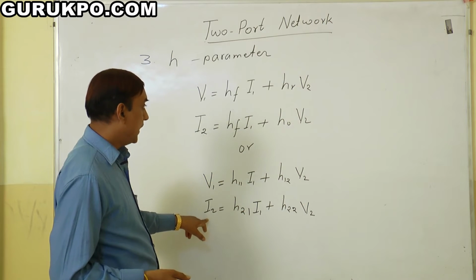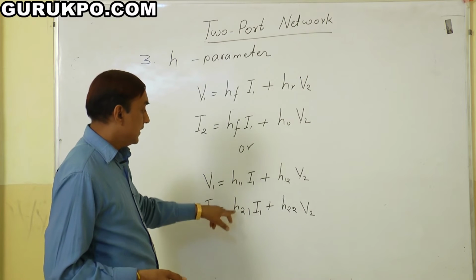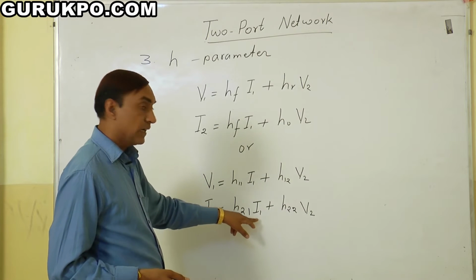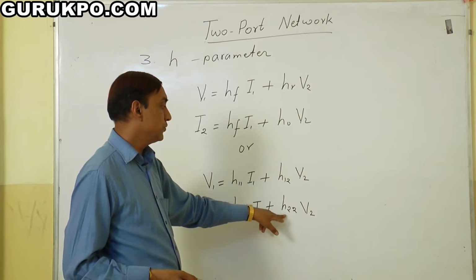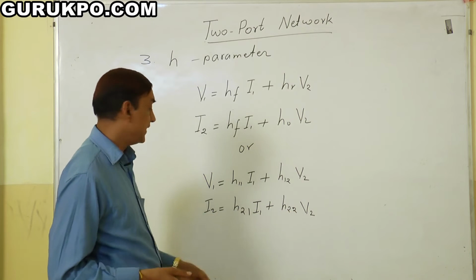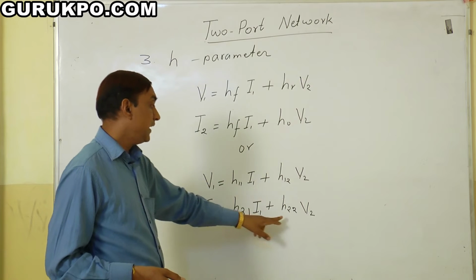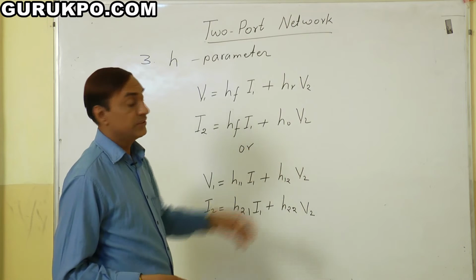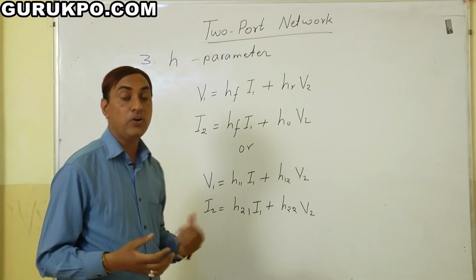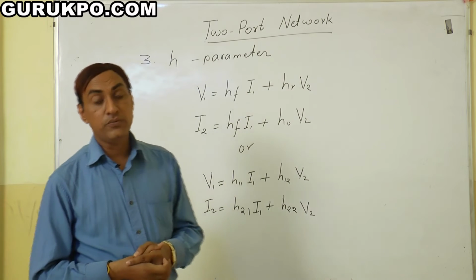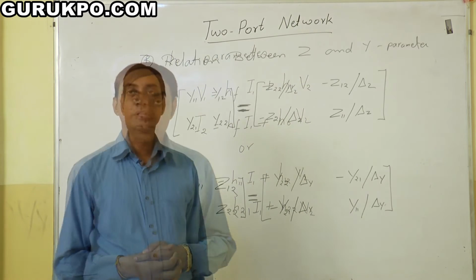And I2 is equal to H21 I1 plus H22 V2. Here H21 is Hf and H22 is Ho. That's why we say this is the symmetric form of the H parameters for any two-port network.